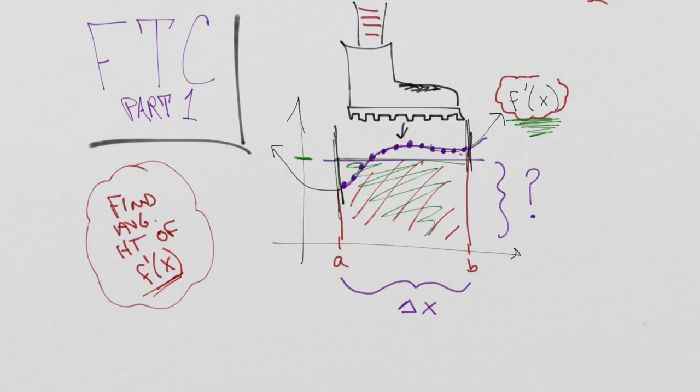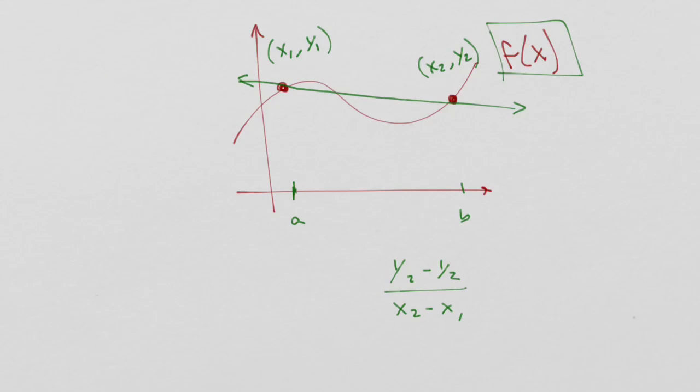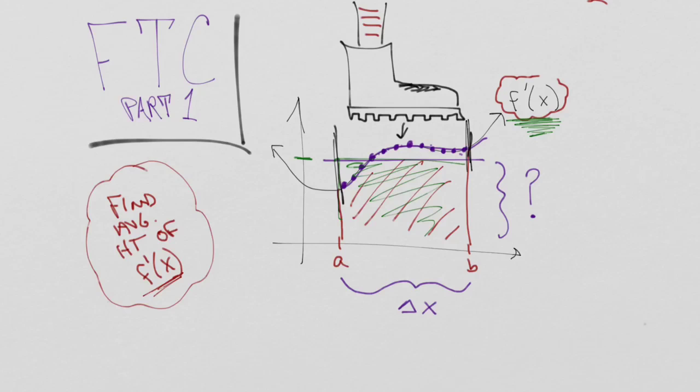So let's review. I'm trying to find the area underneath this curve. This curve is f prime of x. If I find the average height of f prime of x, and I multiply that height, which is my unknown quantity here, by this delta x, this change in x, I've got the area underneath the curve. And I also know that the average slope, because I'm looking at f prime, is y2 minus y1 all over the change in x, right? It's over x2 minus x1. So that's where I'm at.